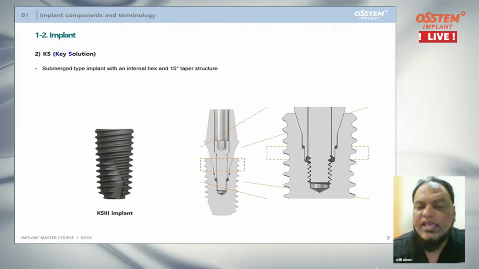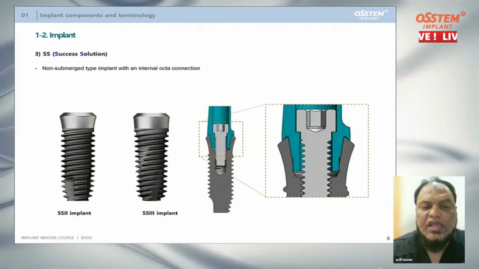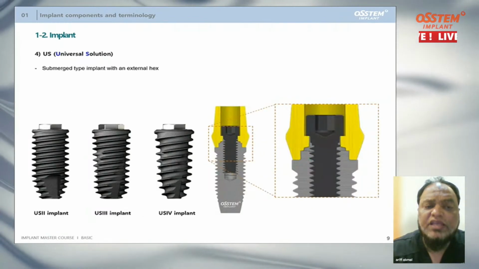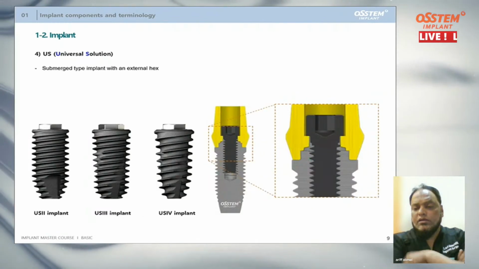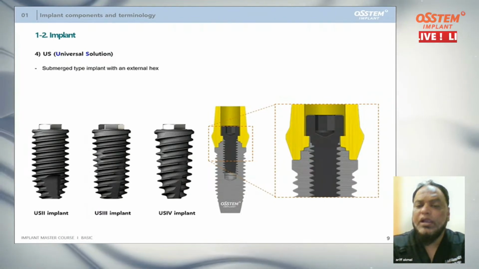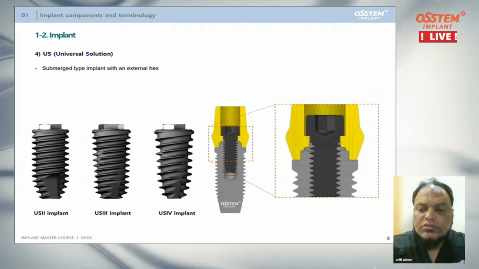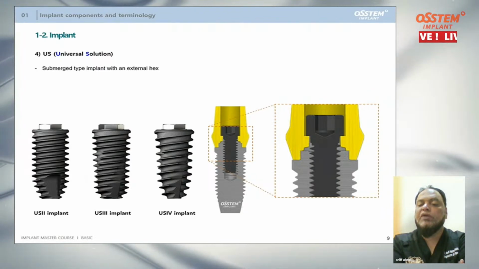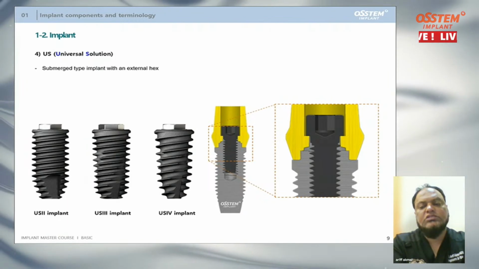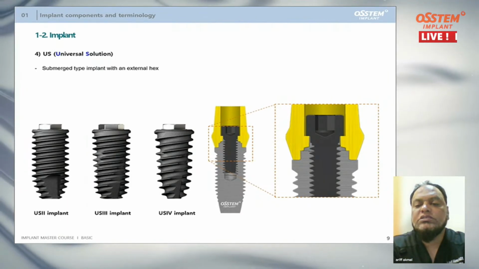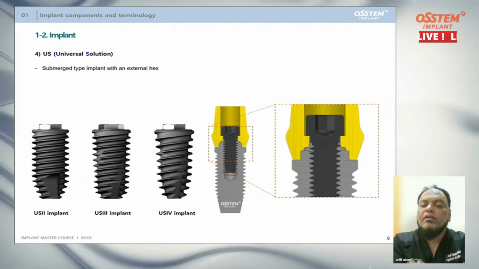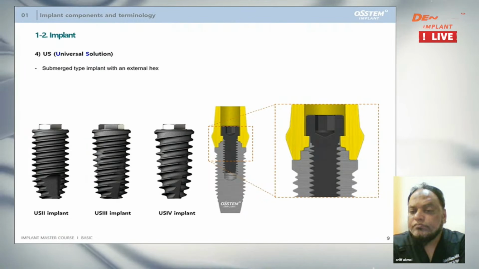Again, we have the KS system, the successful SS solution, and then we have an external connection as well in the Osstem system. In some cases we might have to use this. You're lucky that Osstem is providing all the available options so that you can place according to whatever the case might require.